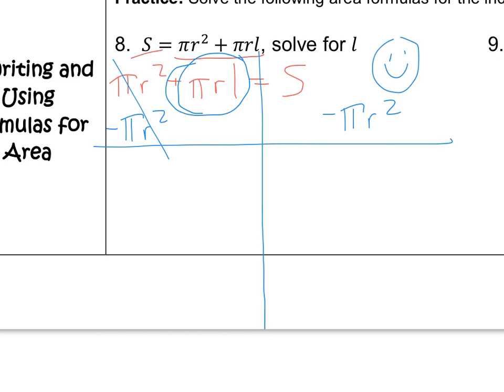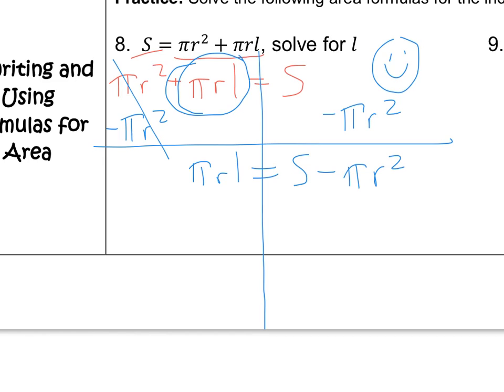The scariest thing about working with literal equations is that they look scary, but it's the exact same process, just a bunch of weird looking variables. So we're going to bring down our pi RL equals S minus pi r squared.